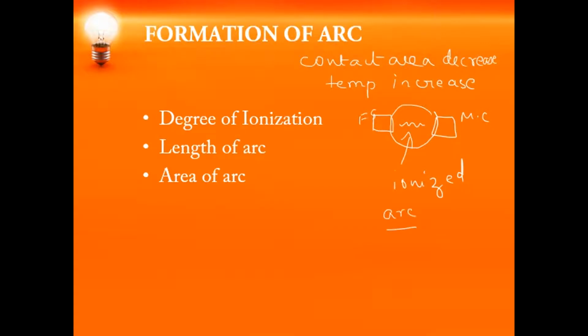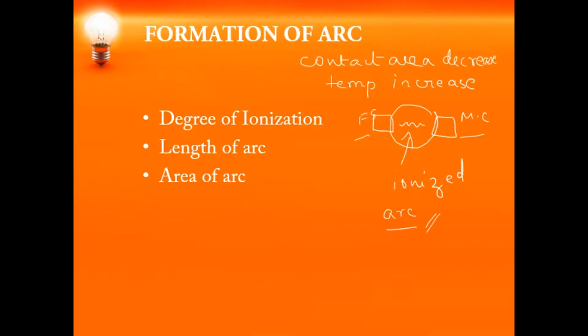The ionized particle will be charged, right? So that leads to the formation of an arc. The potential difference between the fixed contact and the moving contact is very small, just sufficient enough to maintain the arc. So if you want to interrupt the fault current, you have to quench the arc.